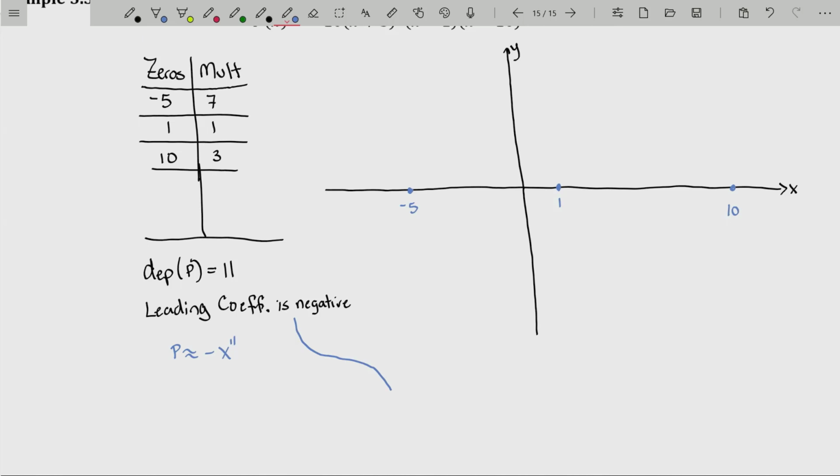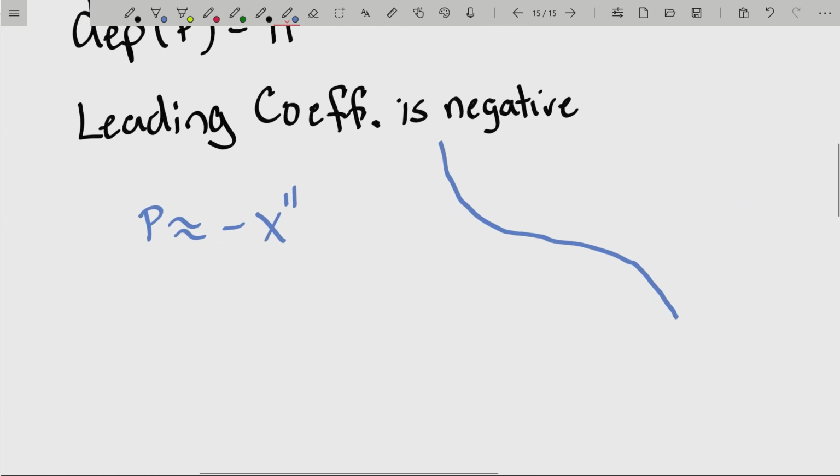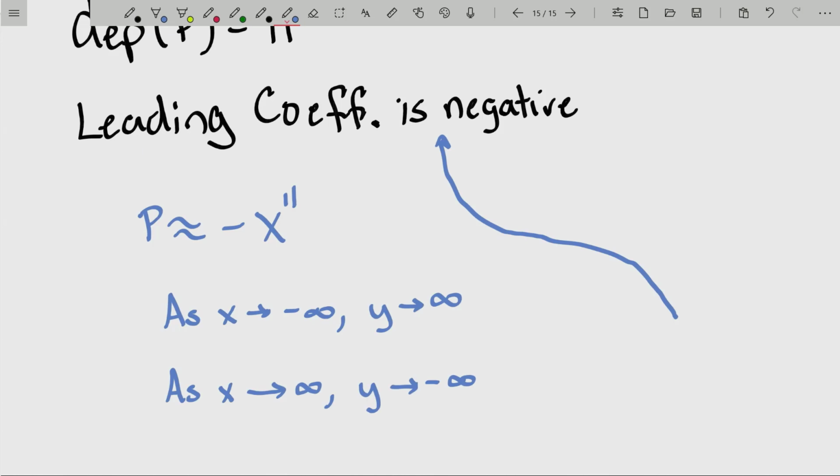So to state this rigorously, we would say, as x goes to -infinity, y tends to +infinity. And as x goes to +infinity, the y values fall forever, specifically falling towards -infinity. So that's the end behavior of my function.